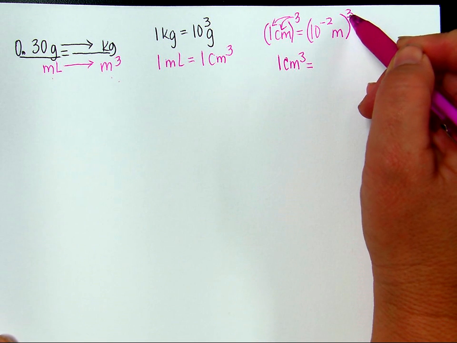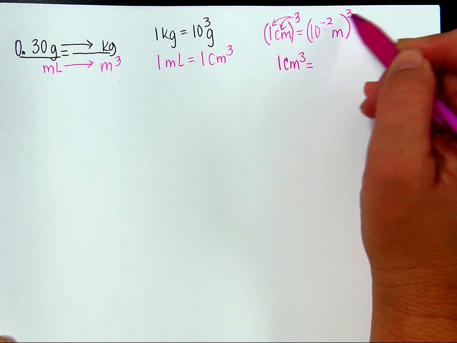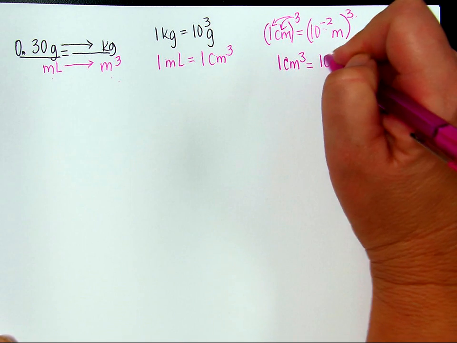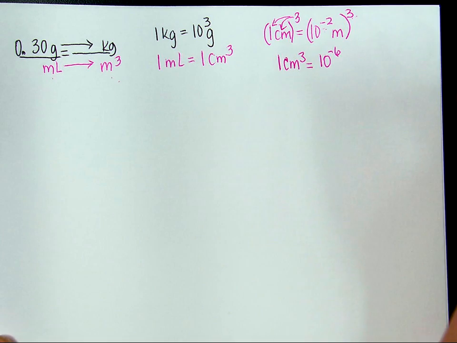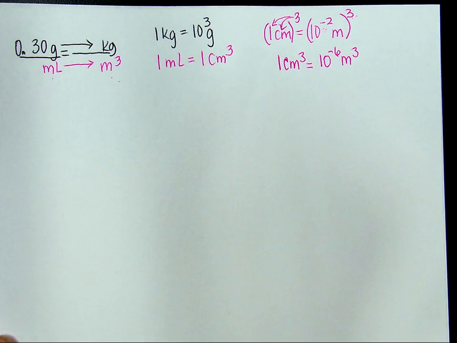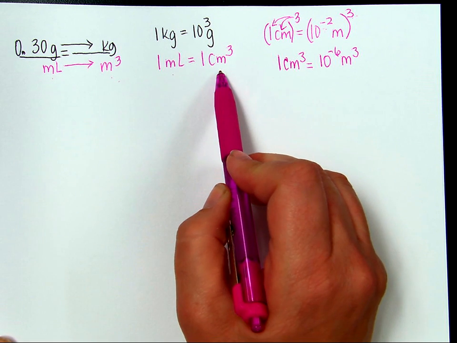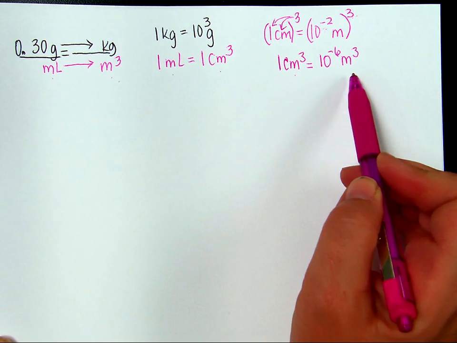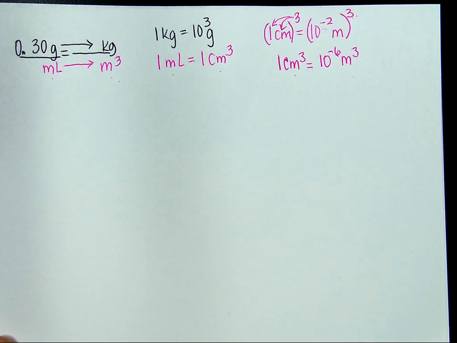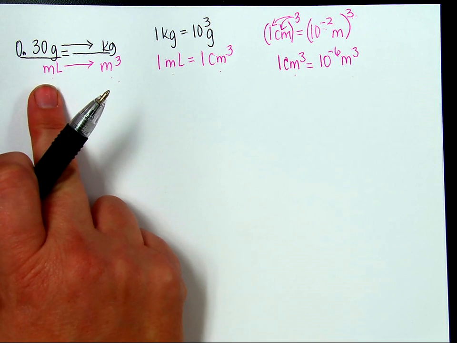Ultimately, what that means is I'm going to take that exponent and that cube, and multiply them together. So I have negative 2 times 3, which will be 10 to the negative 6. And of course, meters times meters times meters is meters cubed. I now have a way to convert from milliliters to centimeters cubed, from centimeters cubed into meters cubed. Let's get started.